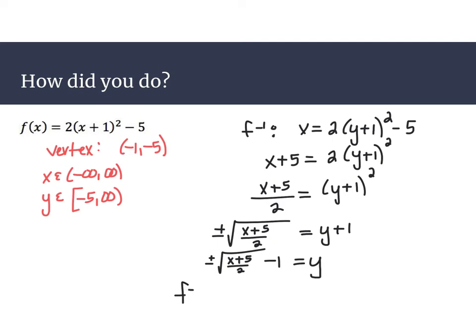Using the appropriate notation, that would tell us that the inverse of the function is plus and minus the square root of x plus 5 over 2, minus 1. The range from the original becomes the domain of my inverse.